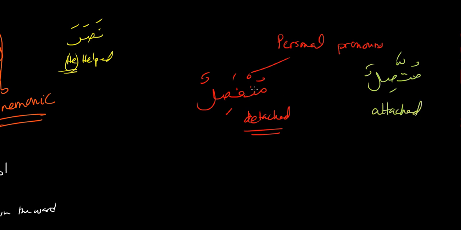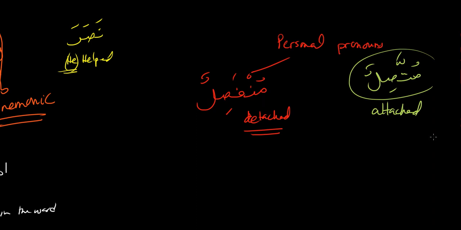These words by themselves are confusing, right? Muttasil and munfasil. In muttasil, things are kind of attached to each other, close to each other. Munfasil, they're detached, still separated from each other, right? Fasil, I think, means distance anyway. So muttasil are attached pronouns, munfasil are detached pronouns.